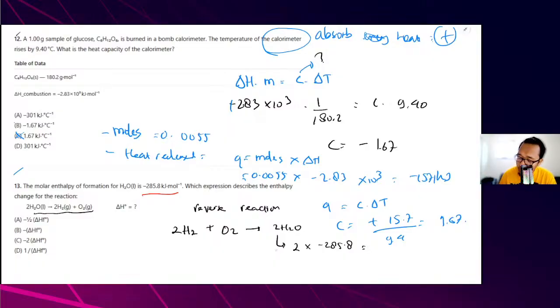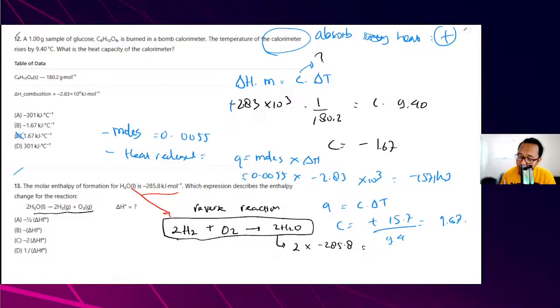However, because the reaction is a reverse reaction, not like this one, the reaction should look like this.